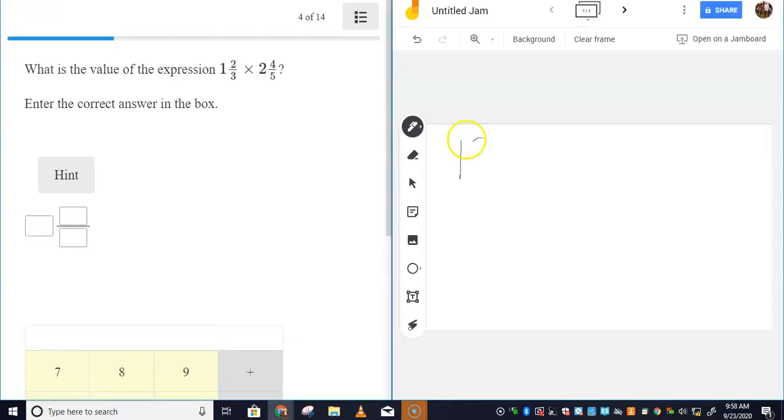So we're going to take 1 2/3, and we're going to multiply it by 2 4/5. So I need to change these mixed numbers into improper fractions. So 3 times 1 is 3, plus 2 is 5, so 5 over 3, and 14 over 5. I'm going to cross cancel our 5s out because they're going to equal 1, and we get 14 over 3.